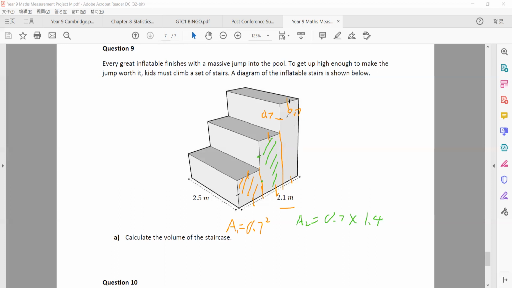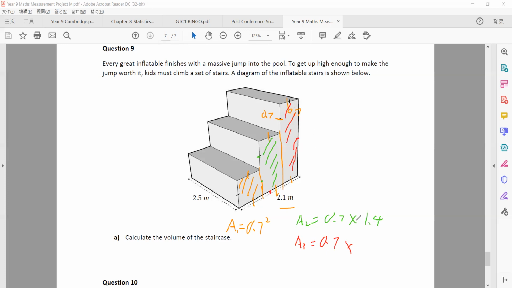And A3 is very similar. I just use a different color. For A3, it's this part. A3 equals 0.7 times 2.1, because this side is 2.1 and it's the same as this side.